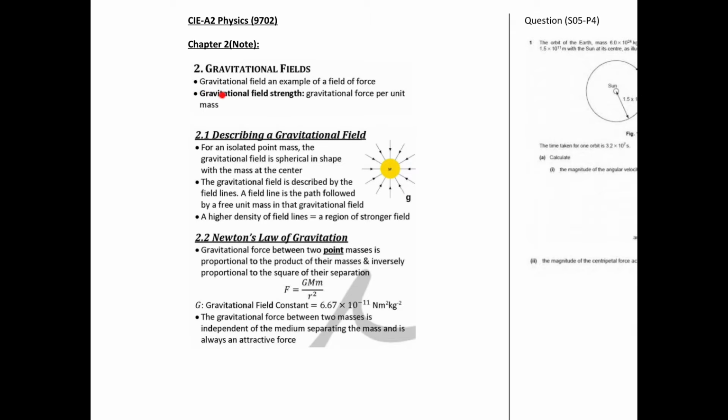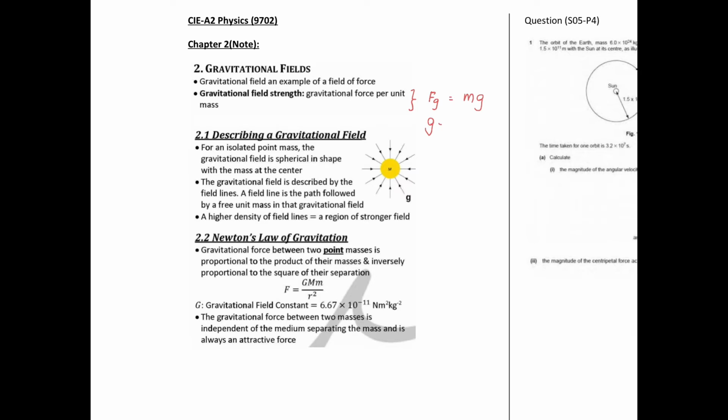Now let's move on. Gravitational field strength is gravitational force per unit mass. We learned gravitational field strength last time. You see the example here. Let's say I call the gravitational force Fg, equal to mg. Gravitational force equals mg.